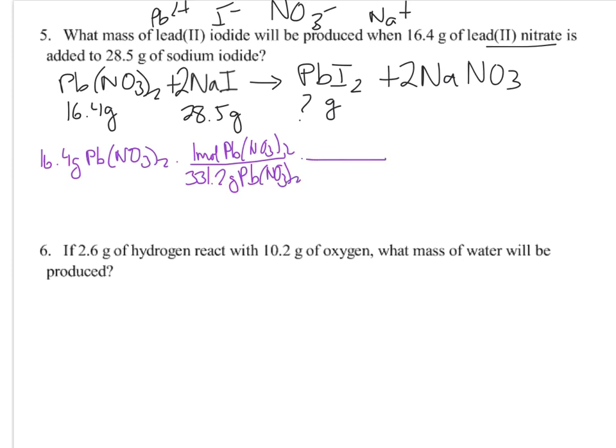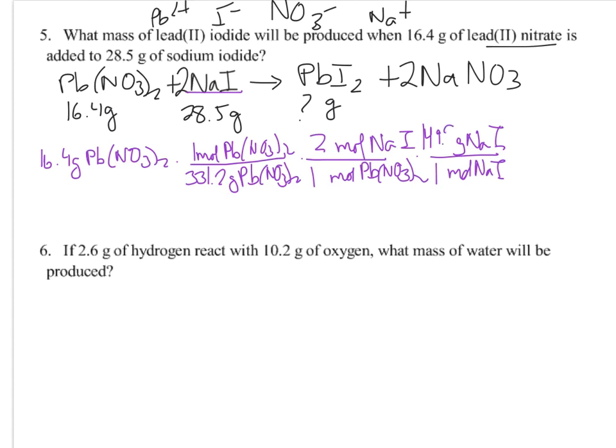And then we're going to go from moles of Pb(NO3)2 to moles of my other reactant, which is NaI, and that's a 2-to-1 ratio. And then finally, we're going to go from moles of NaI to grams of NaI. 1 mole of NaI is 149.9 grams.